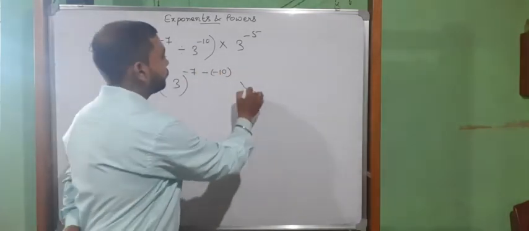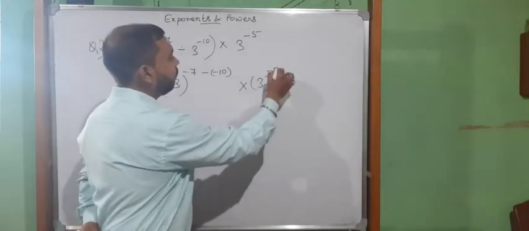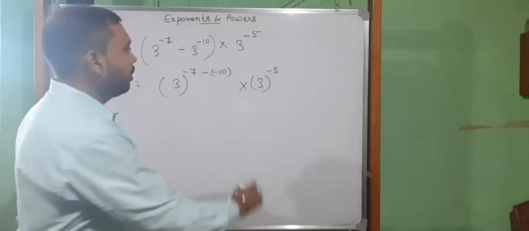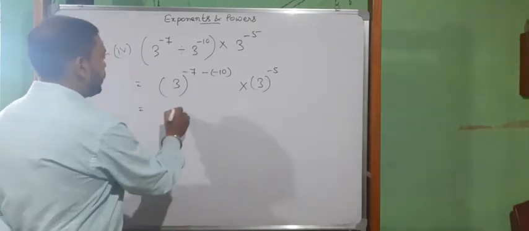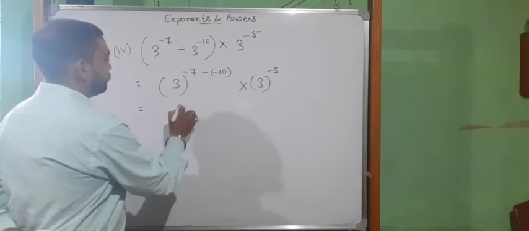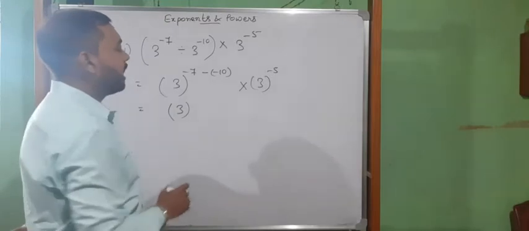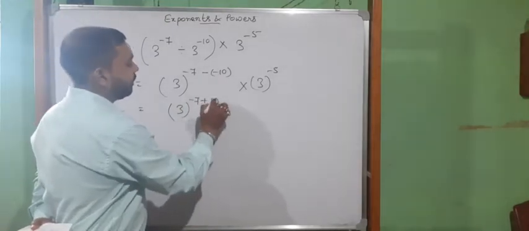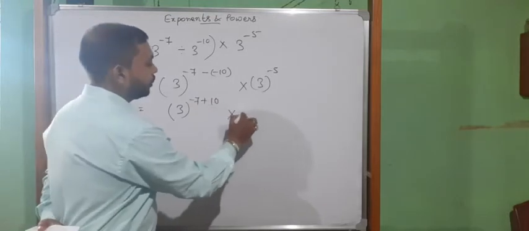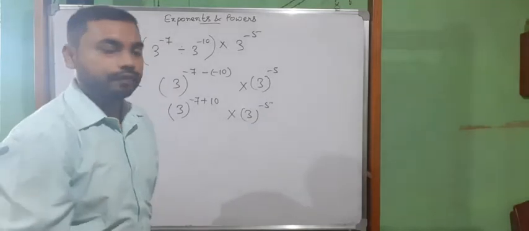Now into here 3 raised to the power minus 5, okay. Now 3, so minus 7, minus minus it will become plus 10 into 3 raised to the power minus 5.